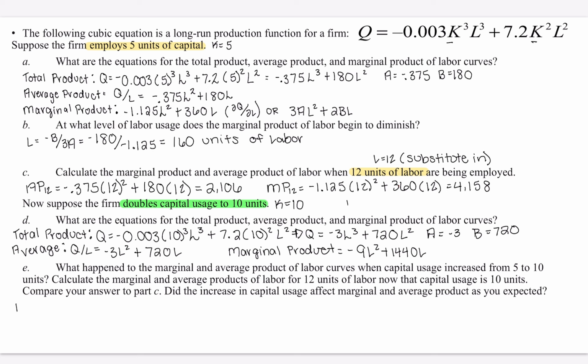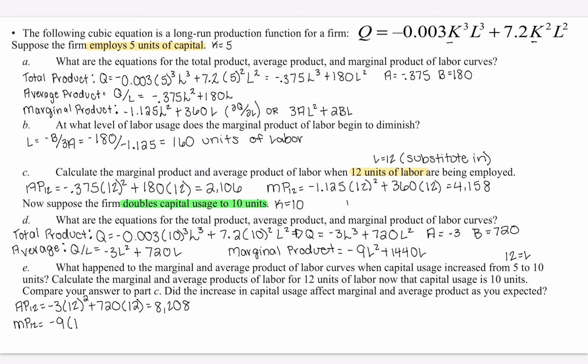So our average product at 12, we're going to substitute 12 for our L, just like we did on part C. It is negative 3 times 12 squared plus 720 times 12, which is 8,208.